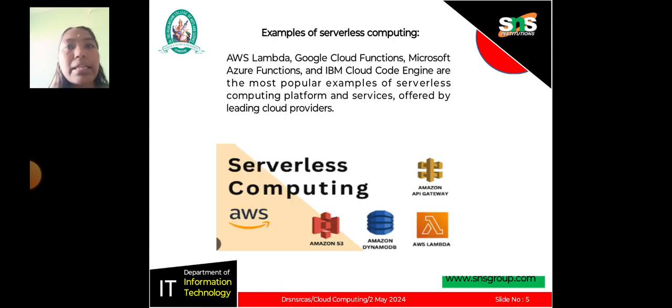Some examples of serverless computing are AWS Lambda, Google Cloud Functions, Microsoft Azure Functions, and IBM Cloud Code Engine, which are the most popular serverless computing platform services offered by leading cloud providers.